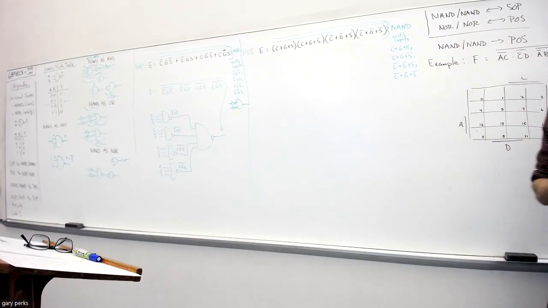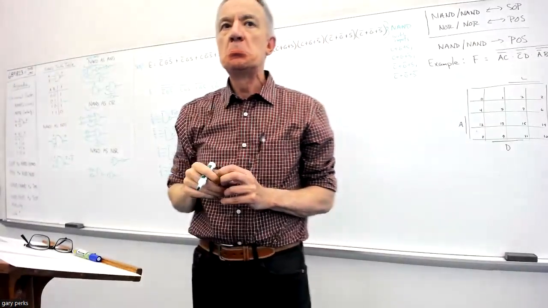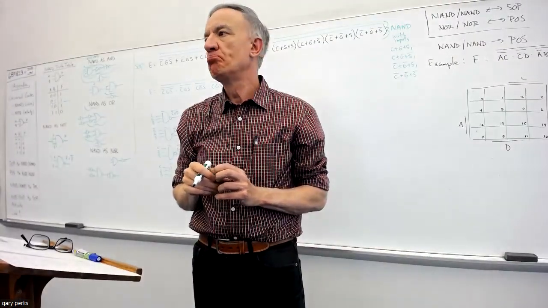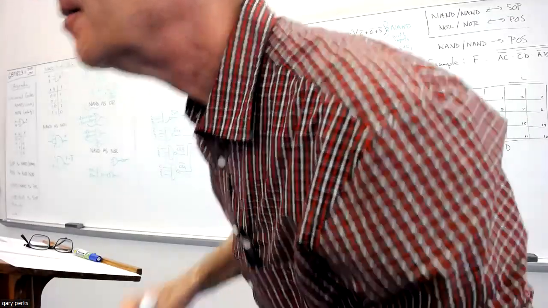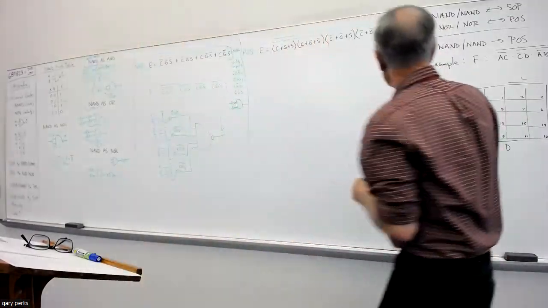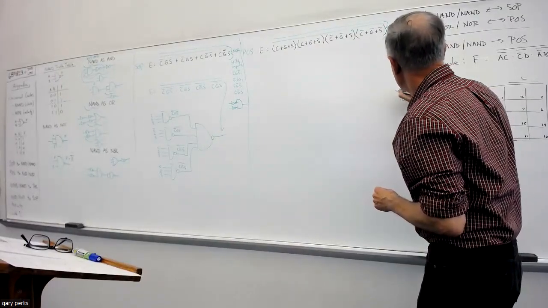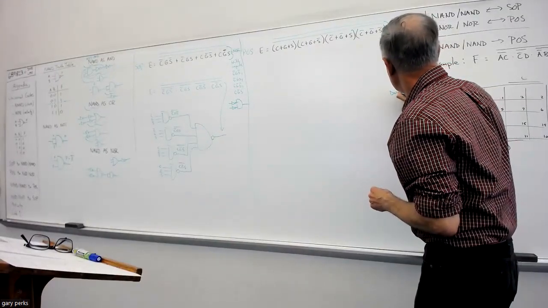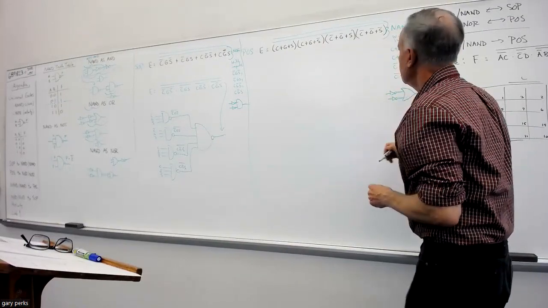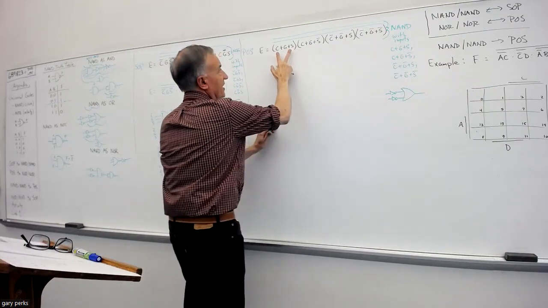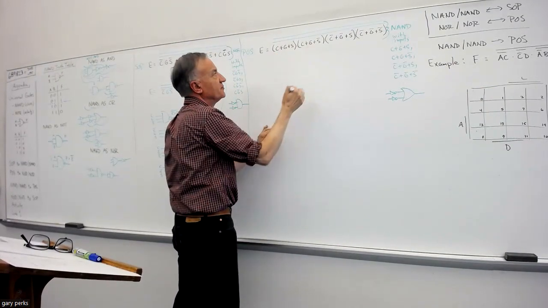And then from De Morgan's, we know a NAND is equal to what? An OR with inverse inputs. Yep, exactly. An OR with inverted inputs. So I take each one of these inputs, I invert it, and then I OR it.